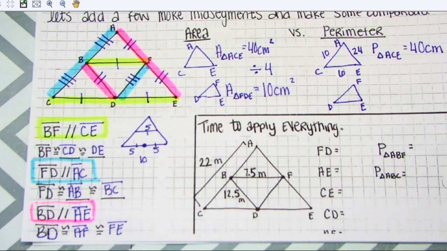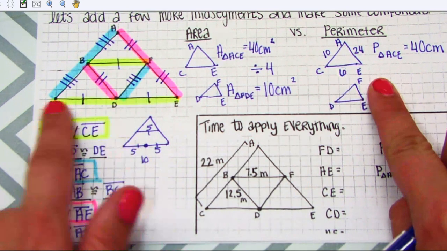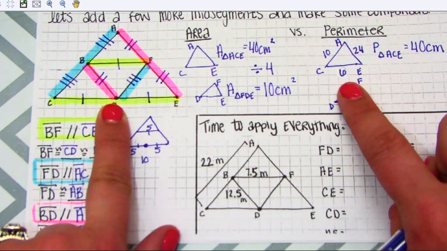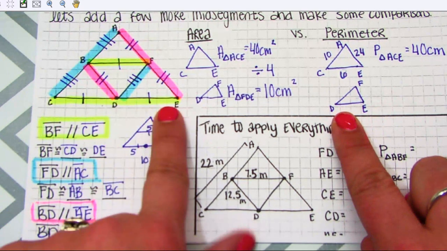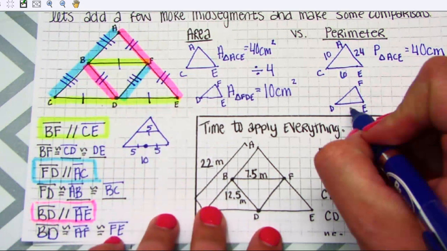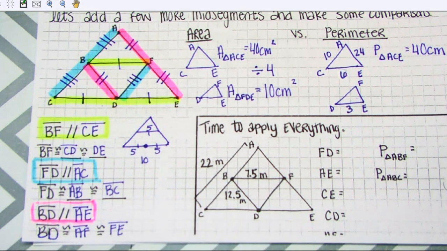CE represents this whole entire thing. It's 6. I need to know what DE's measurement is. So how do I find that? It's 3. How did you get 3? Yeah, divided it by 2. Good job, because it's half, right? If the whole thing's 6, half of it's 3.